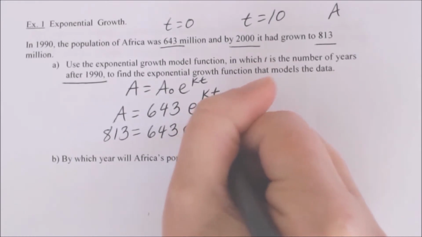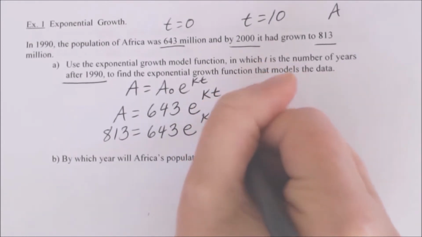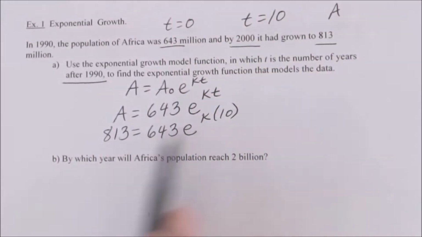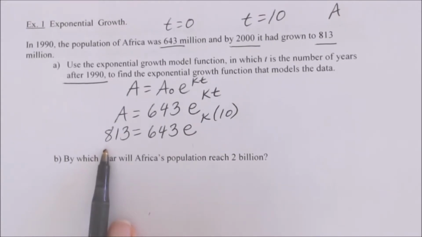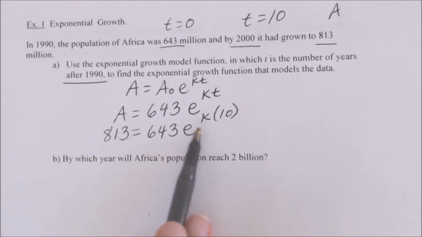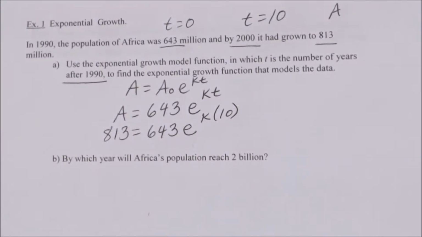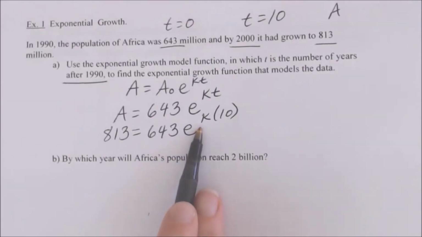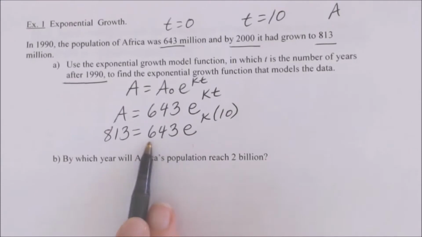e to the k, I don't know, but I know that after 10 years has passed, my population's up to 813. And so now what we have is an exponential equation where we can solve for k. So I want you to think about what we were doing in section 4.4. We were solving exponential equations. The first thing we need to do to solve for this k is to get that 643 out of the way.